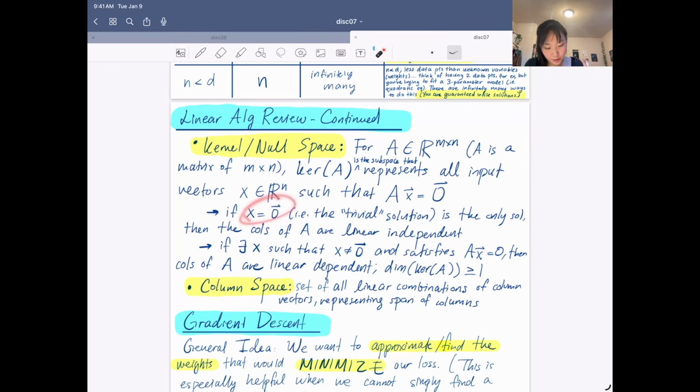If x equals 0 is the only vector that can map this input to 0, then we know the columns of A are linearly independent, and vice versa. If the columns of A are linearly dependent, then there exists some vector not equal to 0 that still maps to 0. So a better way to describe this is that it's really an if and only if statement. Yeah, it goes both ways. Cool.